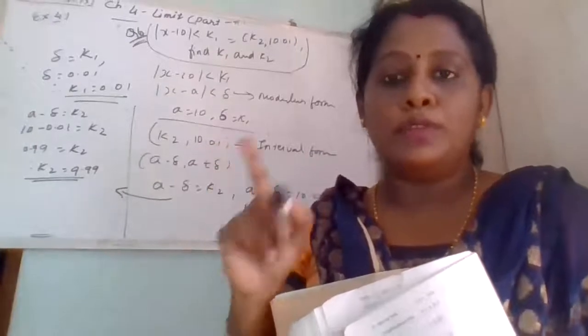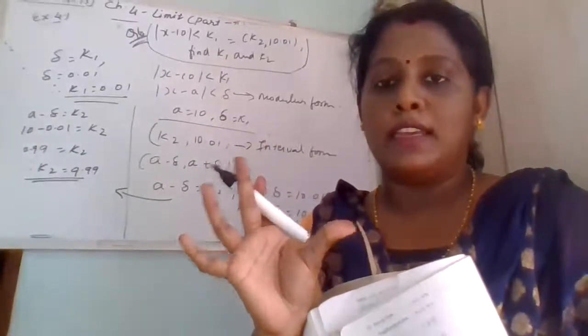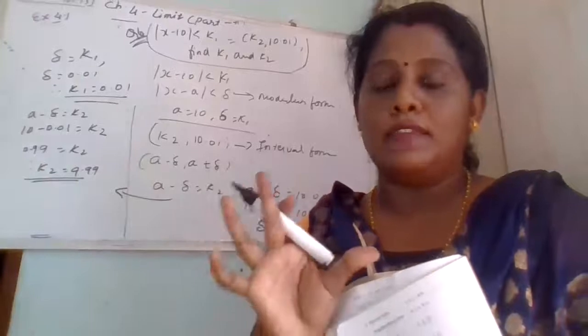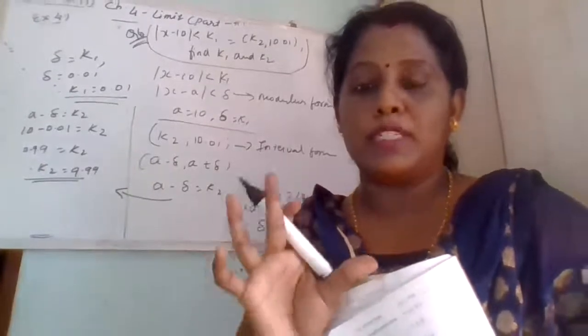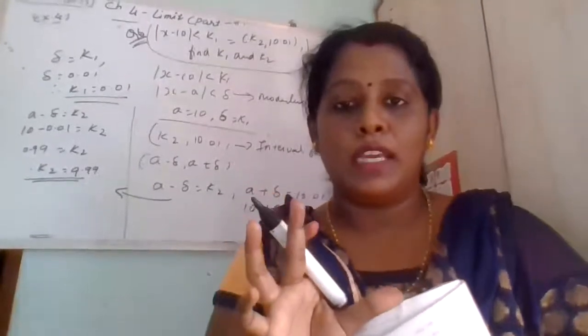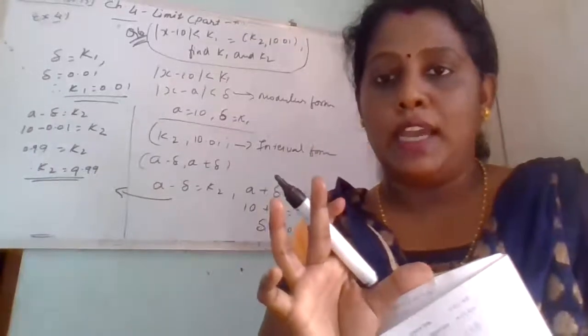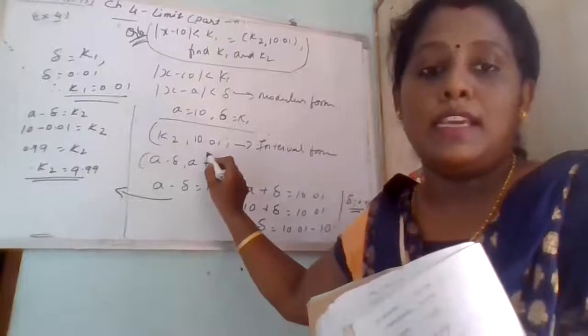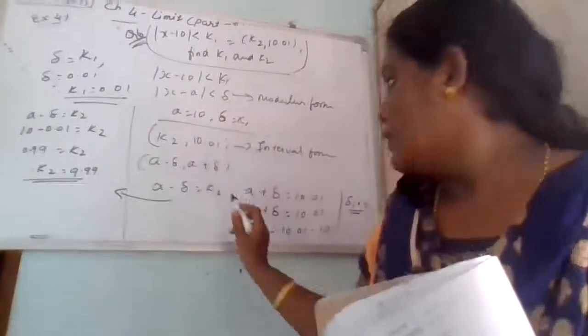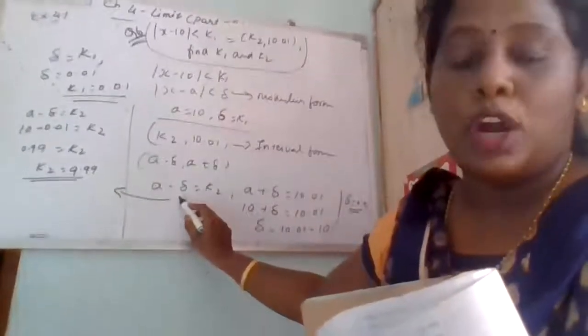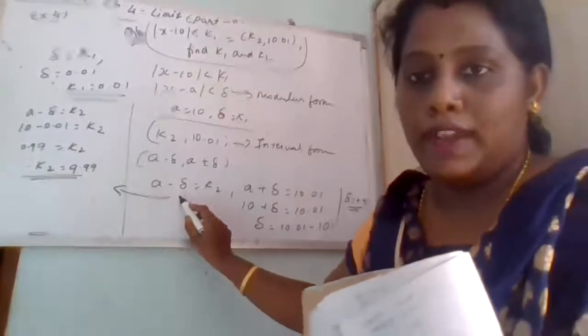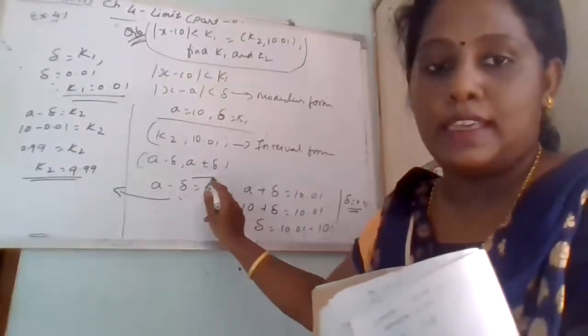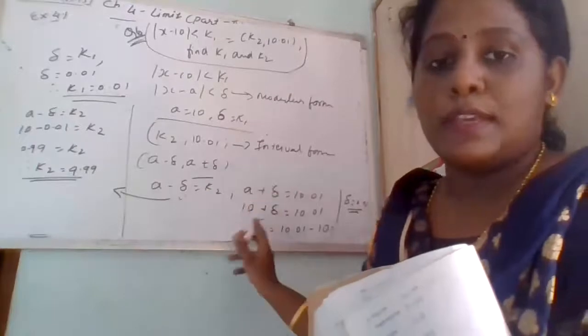So what I told you is that whenever two numbers are given in brackets, then what you have to take is interval form, that is a minus delta is k2 and a plus delta is 10.01. Now see, here it is not possible for us to find any value. So we have taken the second thing, a plus delta. So we have substituted the values.